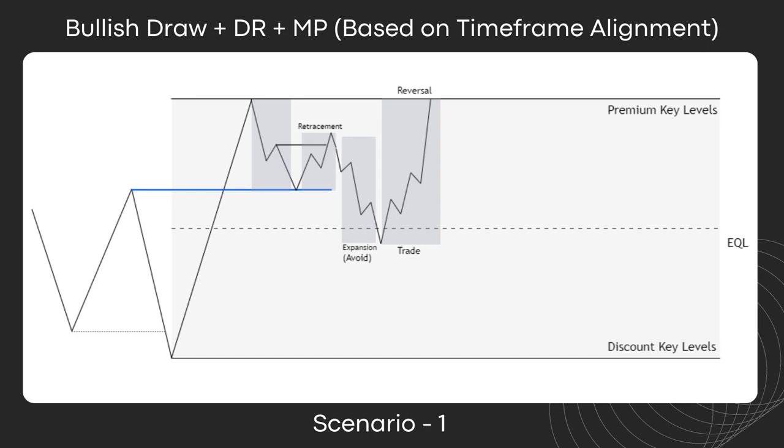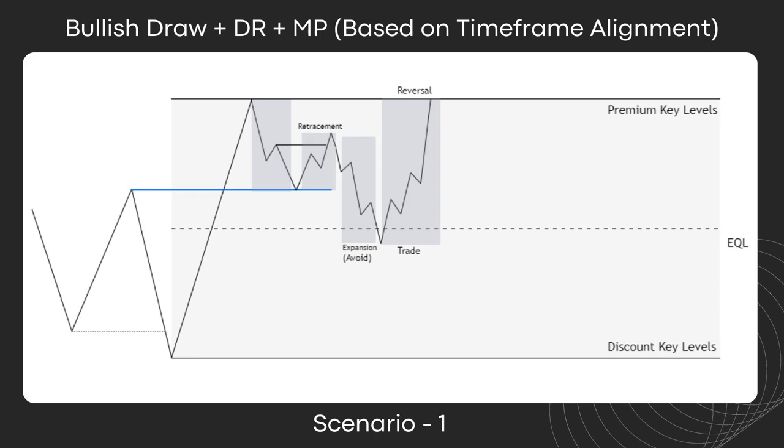When you see that price has offered this movement, you're going to regard that movement as a retracement instead of a reversal, and you'd know that the most likely scenario is for price to go over that retracement and expand lower again before it could move higher, because price still has yet to test a discount key level. So you should keep this in mind.